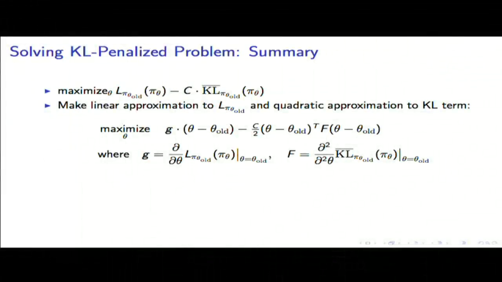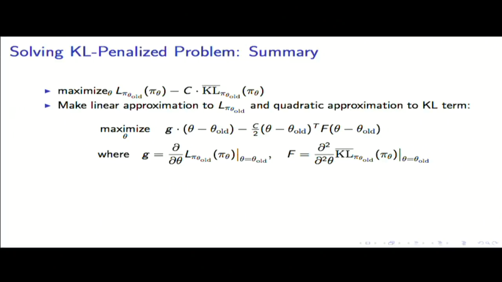All right. So in summary, we want to solve this KL penalized problem. We want to maximize this expression, which is of the form loss minus KL divergence. So we make a linear approximation to the loss and a quadratic approximation to the KL divergence term.